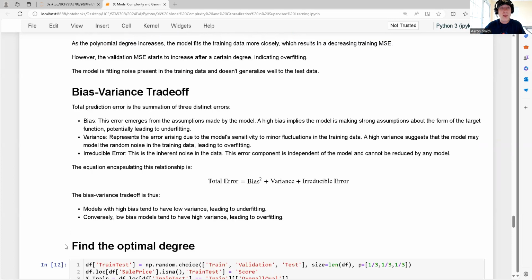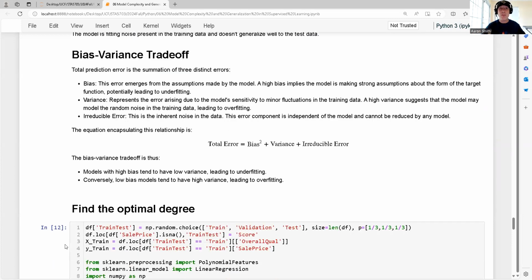All right, so now there's something else to talk about. Let's talk about the bias and variance trade-off. Total prediction error is a summation of three distinct errors: bias, variance, and irreducible error. Bias is that the model is giving me a modeled expected value that is different from the expected value of the data.